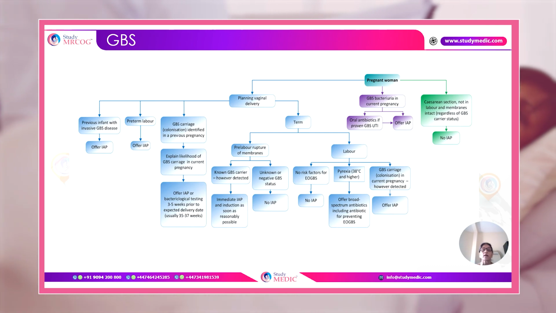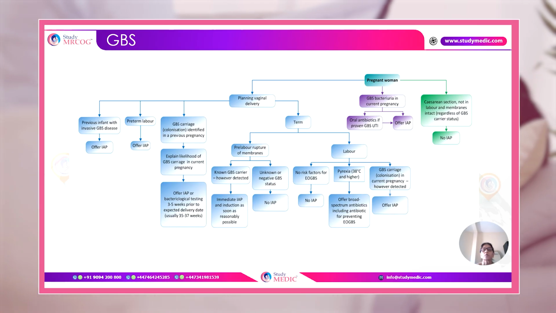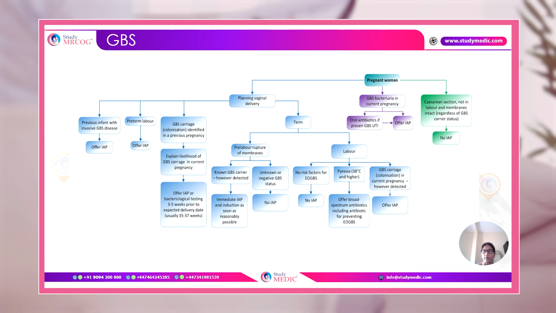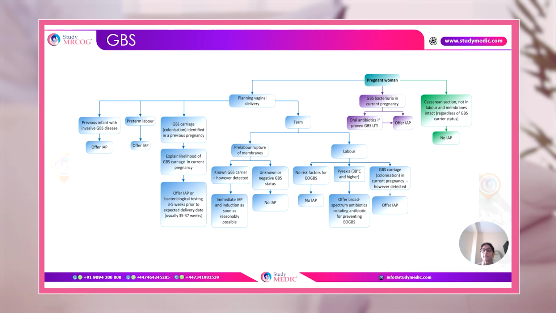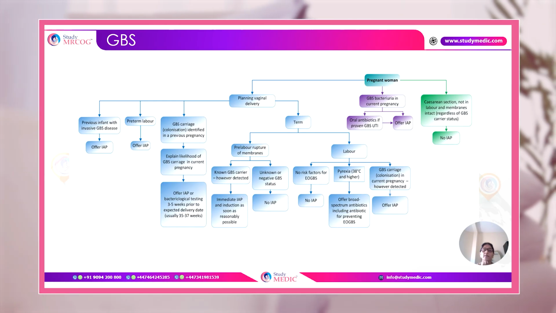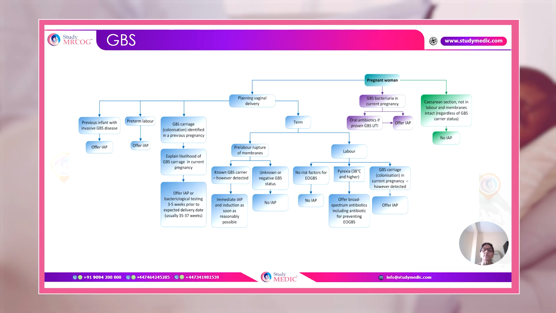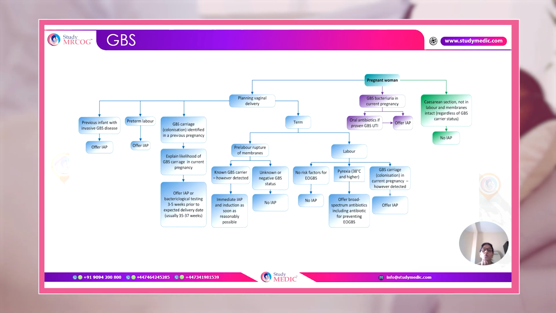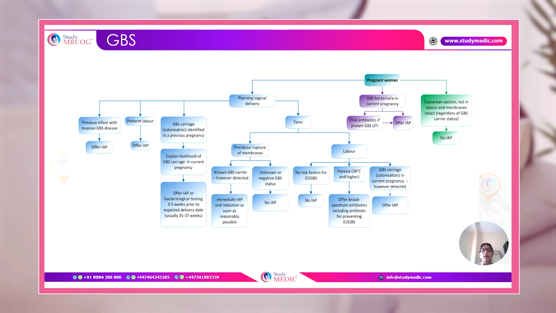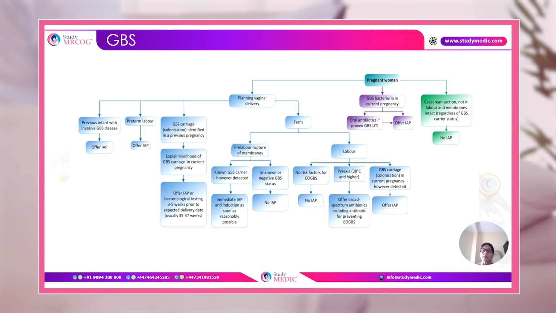Okay. Now, any woman who is in labor, if there is no risk factor for early onset GBS in the baby, there is no need to give intrapartum antibiotic prophylaxis. Any woman who has pyrexia in labor, that means a fever of more than 38 degrees, you will give her broad spectrum antibiotics, and these antibiotics have to be ones that would be effective against group B bacteria also.